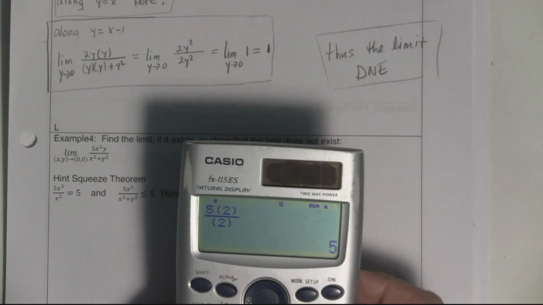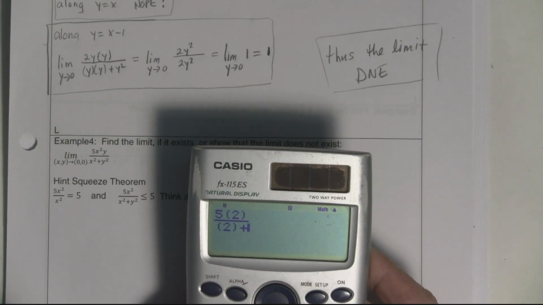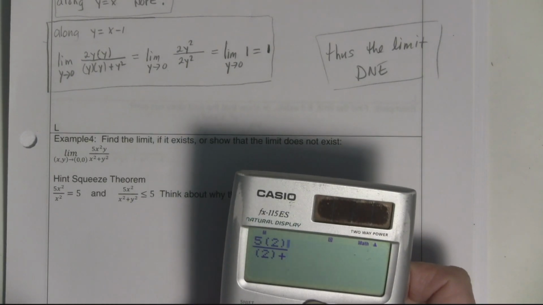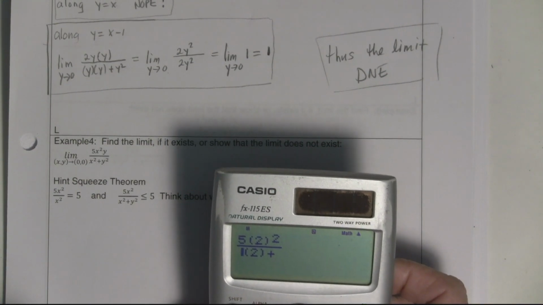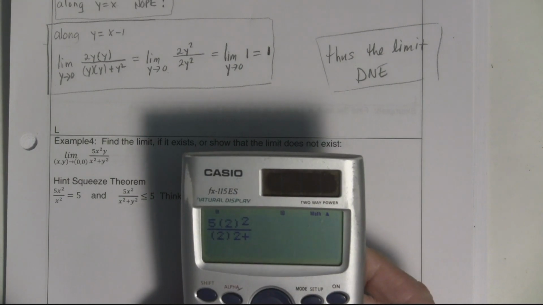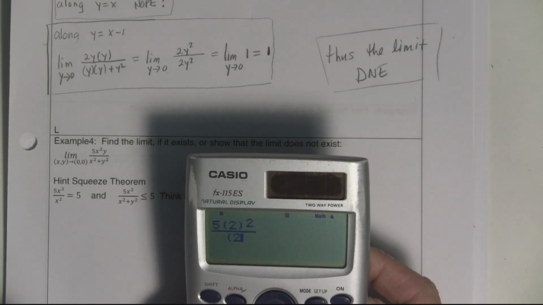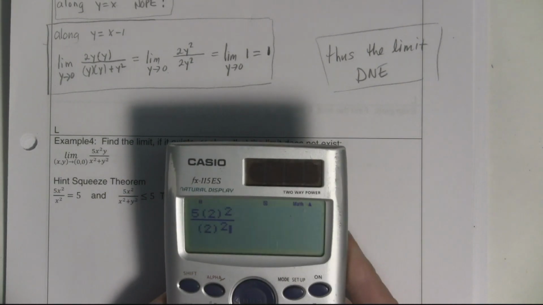I was at 5 there, but if I add y squared, so I add some value, you can even put squares here if that made you happy. Does that make you happier to have squares? Why couldn't I do exponent 2? I hope I have an exponent 2.